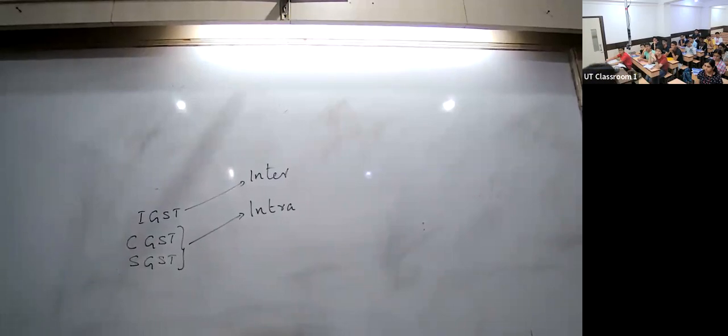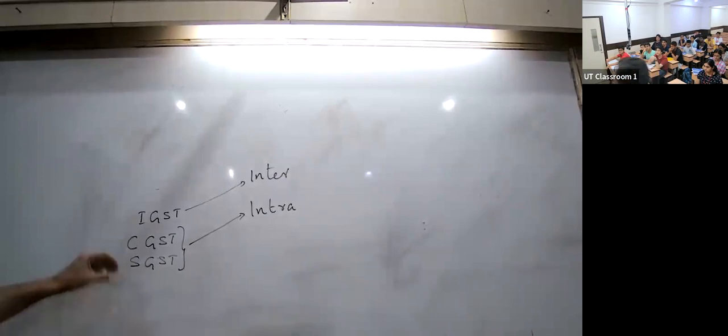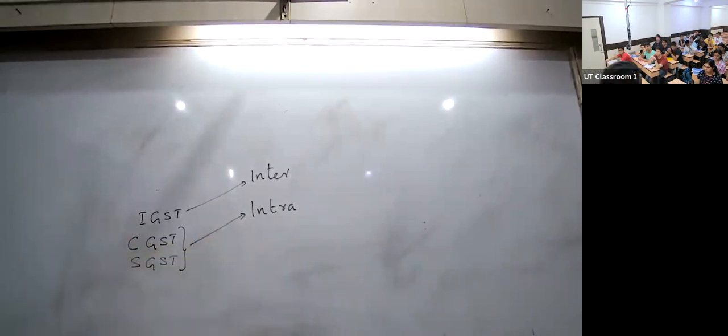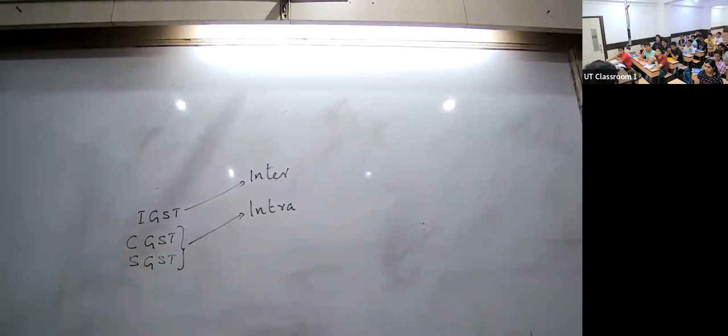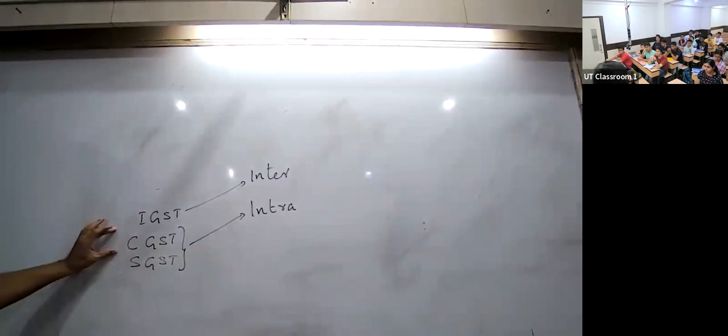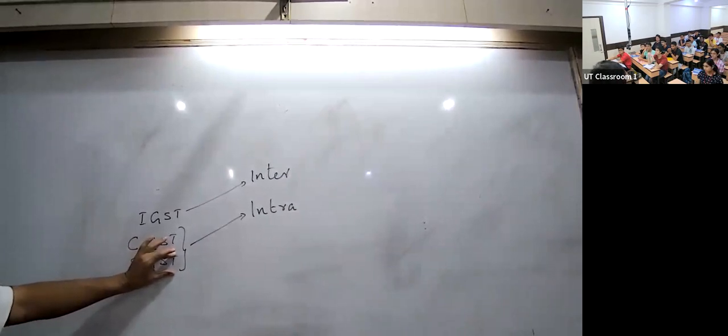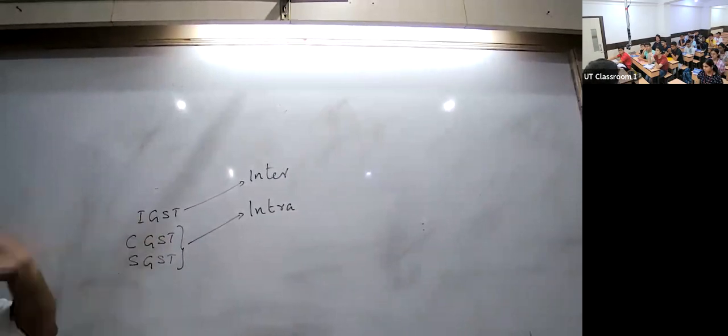So both require money from the people in the form of tax. So what is intrastate? The transaction is within the state. So this percentage goes directly to the state government and this percentage goes to the central government.